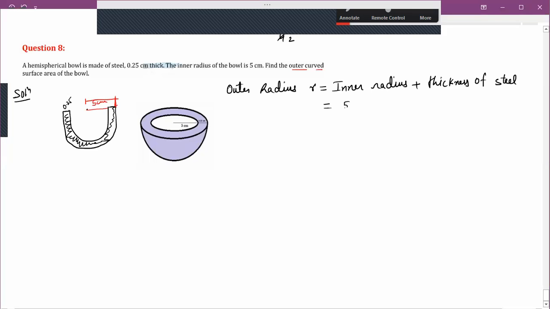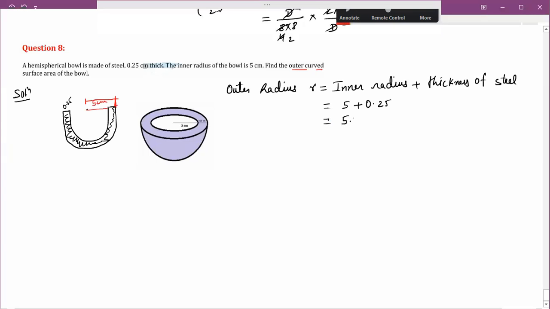So that is 5 plus 0.25. So finally we have the radius of the outer surface is 5.25 centimeter.